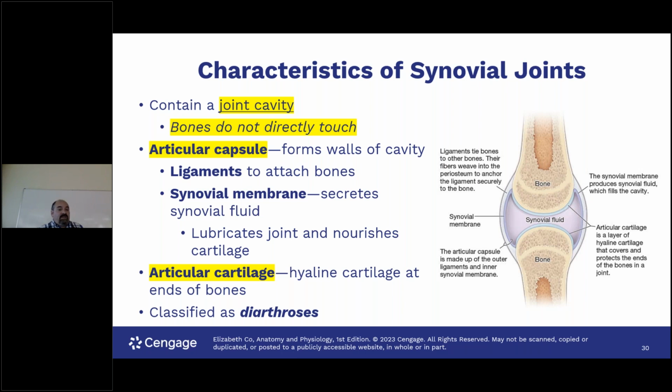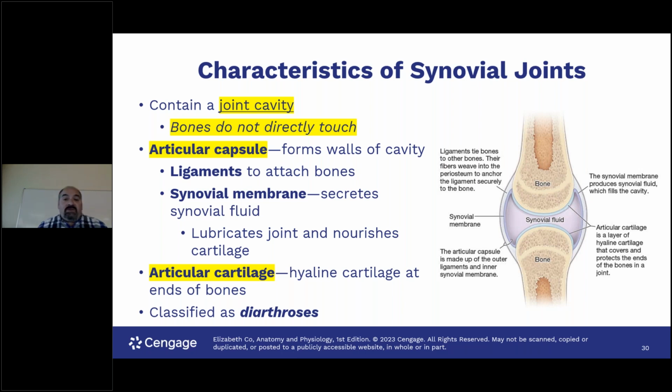You will need to be able to draw that from memory, the synovial joint, okay? All the structures that compose that basic synovial joint. Remember, it is a hollow joint that's fluid filled. A synovial joint is a hollow joint that is fluid filled.